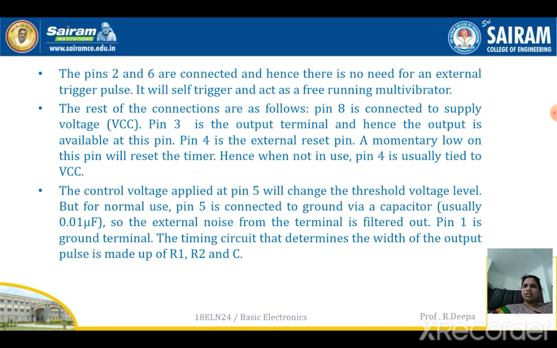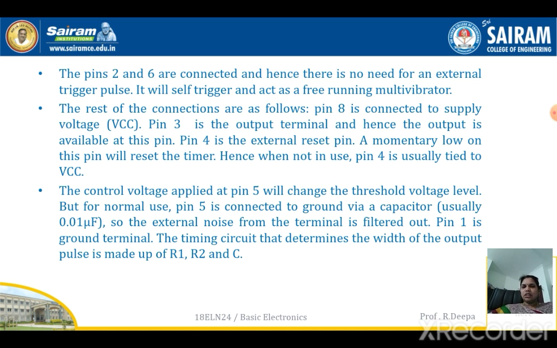That is, pin 8 is connected to the supply voltage VCC, and pin 3 is the output terminal, and hence the output is available at this pin. Pin 4 is the external reset pin, and whenever you want to reset the timer, you can make use of pin number 4. When it is not in use, pin number 4 is usually tied to the VCC supply.